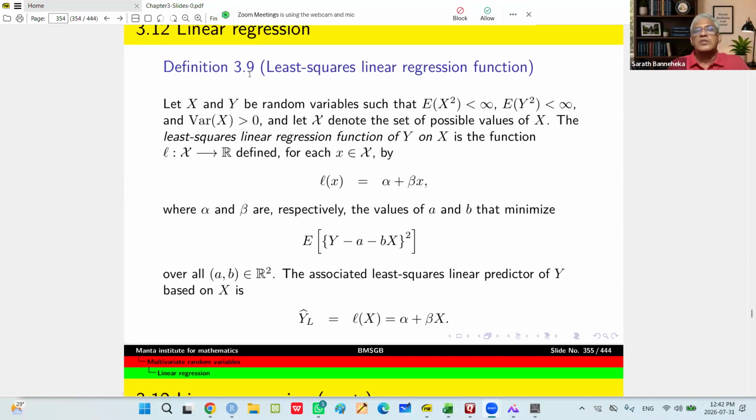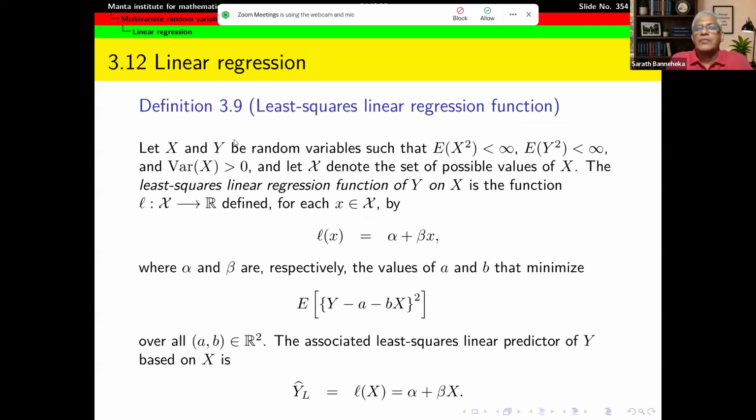In this section, we discuss linear regression. As I mentioned at the end of the last lecture, here we are not looking at the usual regression analysis that we do when you have a sample of XY points.